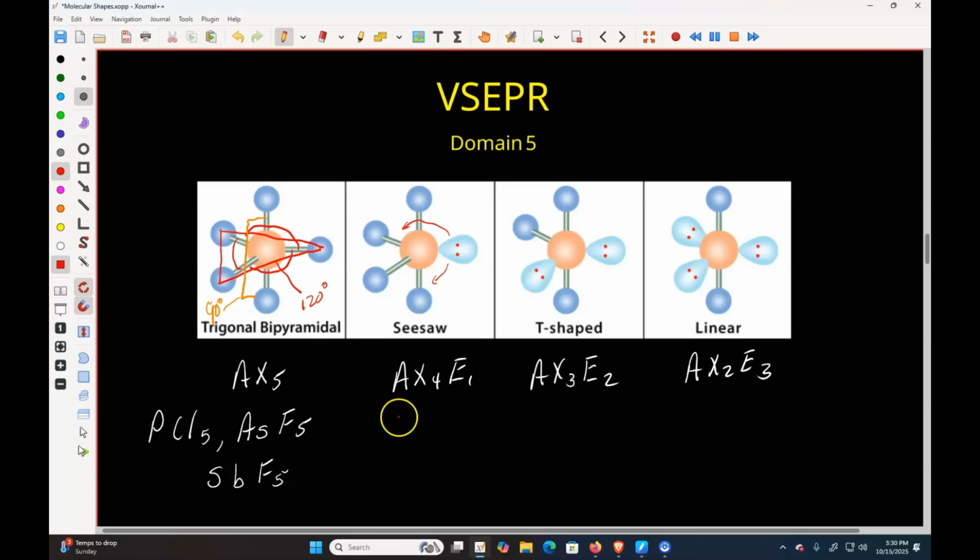So some examples will be like SF4, TeCl4, IF4 positive.